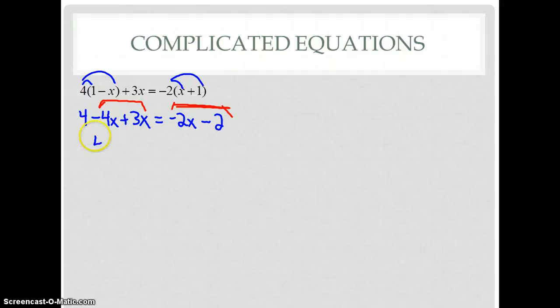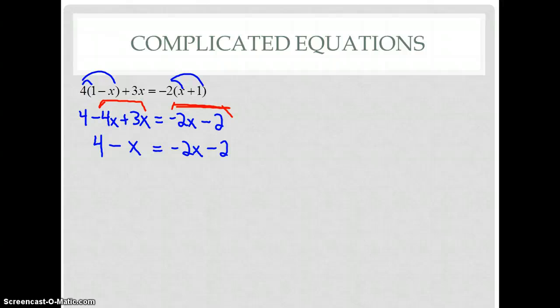So that'll give me 4, negative 4x, and positive 3x is minus 1x is equal to negative 2x minus 2. Common mistake here would be to maybe subtract 3x or to add 4x. We don't do that because they're on the same side of the equation.